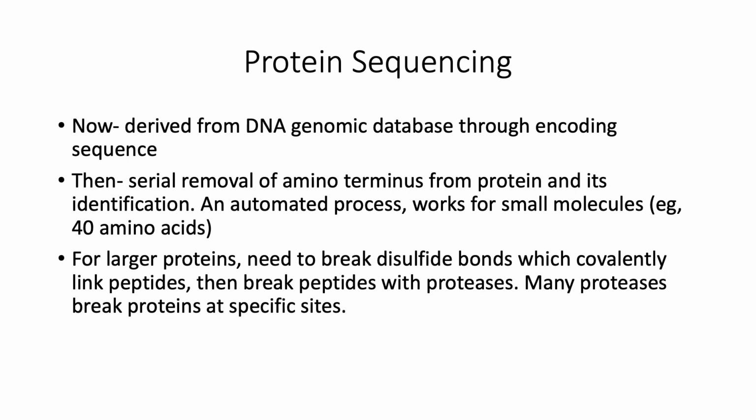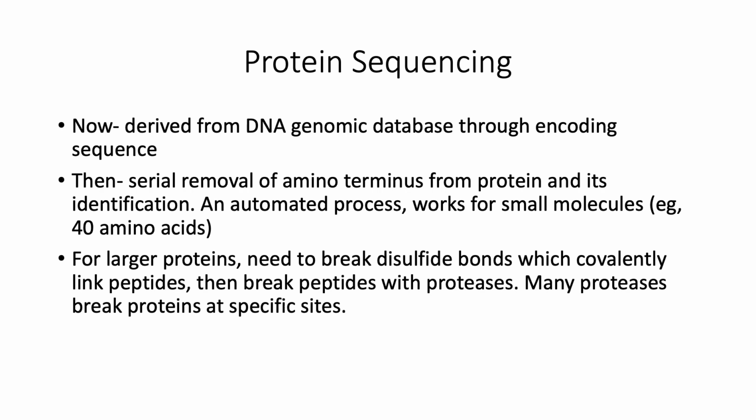So you literally remove the amino terminus from this small chain and determine what the sequence was. If you had larger proteins, you'd have to break the disulfide bonds, and those would be the molecule cysteine, involving elimination, and an ester formed with the terminal sulfide linkages.